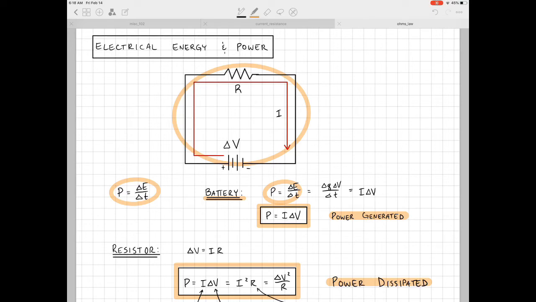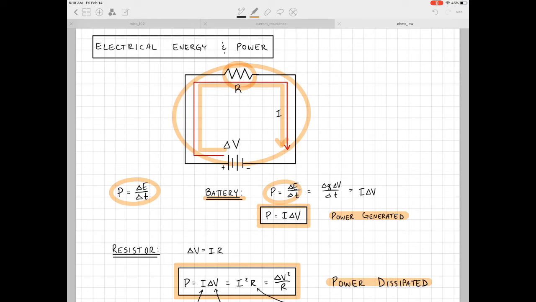The point of the battery in this circuit is that the battery essentially does work and takes our charges from low potential energy to high potential energy. And then as the charges make their way through the circuit, as the charges move through circuit elements like the resistor, that potential energy is decreased.